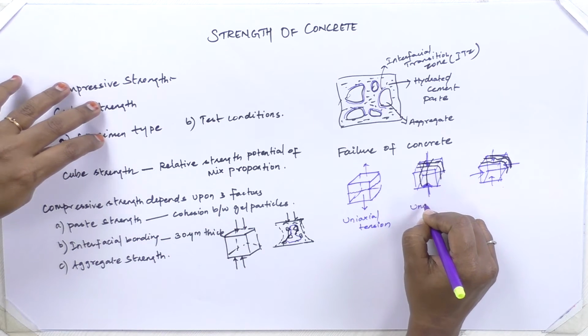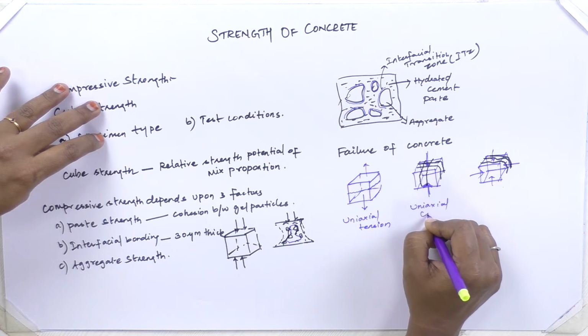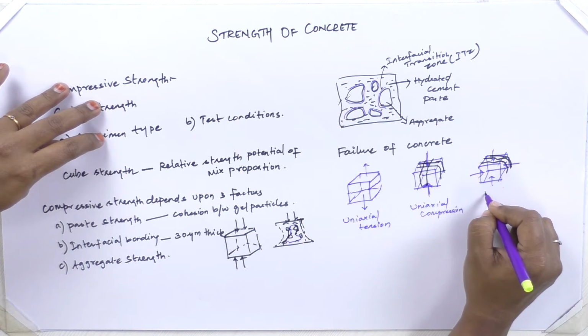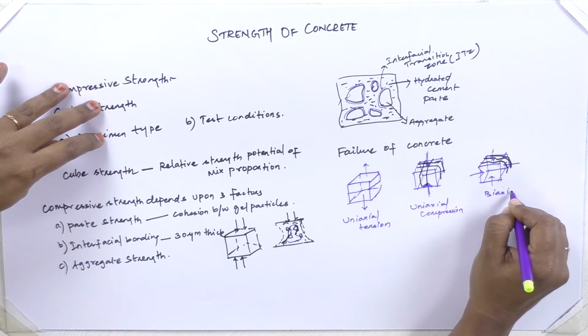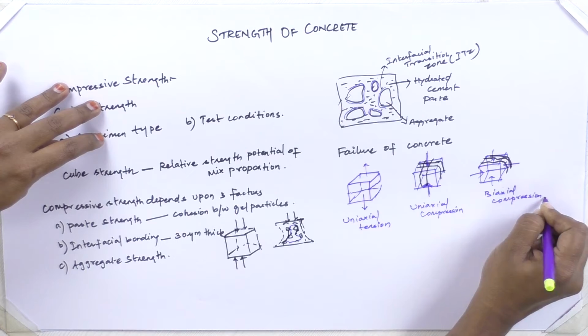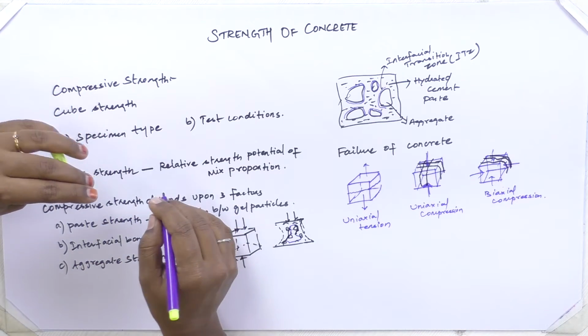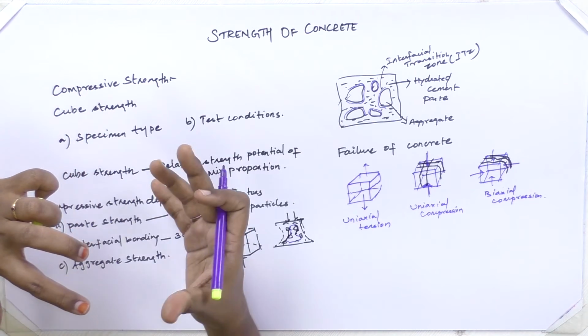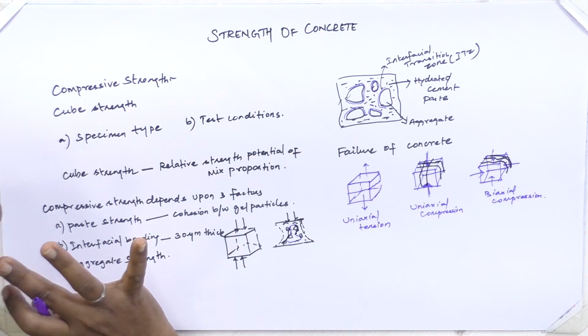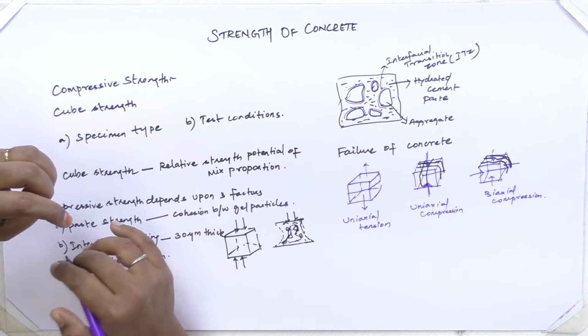This is uniaxial compression, and this is biaxial compression. If I am applying load on all three sides, now how will the material behave?